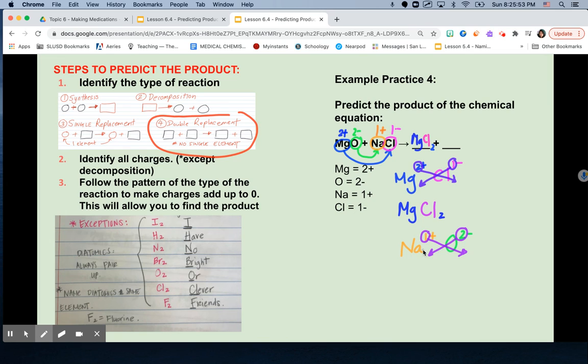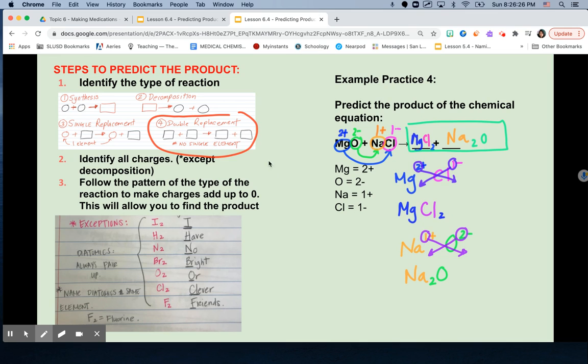The 2 is going to go down here in this corner. So I'm going to have 2 Na's, and then the 1 O, but I don't need to write down the number 1. All right, so my answer for my second product is Na2O. This is my final answer.